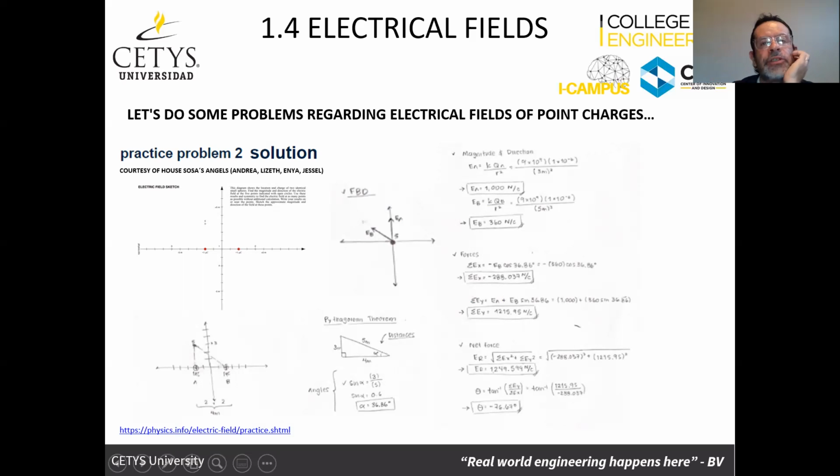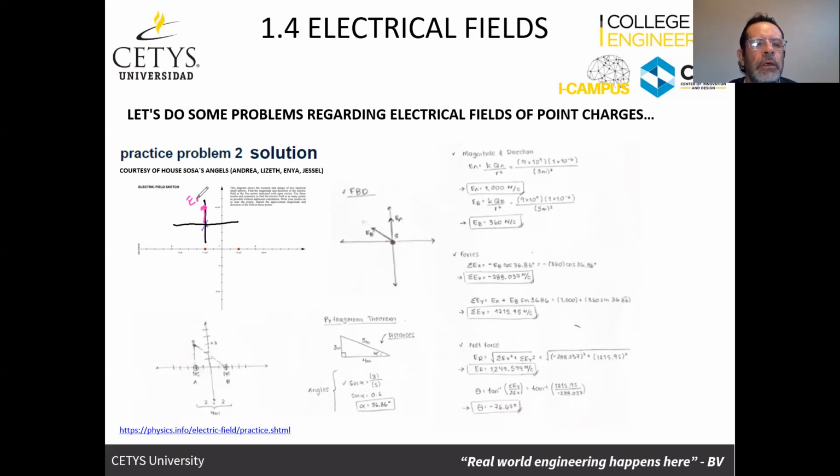Okay, for the last situation, we are now located over here in point number 5. So if we're located in point number 5, it is directly aligned with charge A. And if we do the free body diagram there, which was done here on the right, we're going to have an electrical field going upwards.